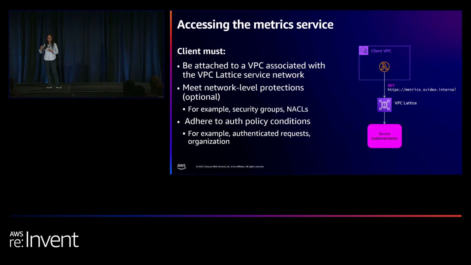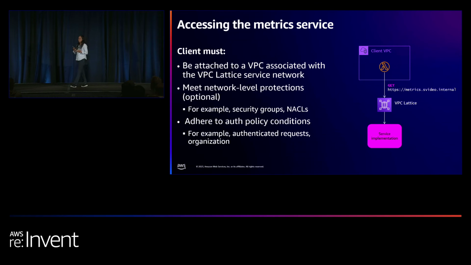This also applies to the Lambda function that's part of the Leaderboard API service that is querying our metrics service to retrieve the leaderboard. Any security group rules and access control lists you have in place in the VPC still apply. For instance, if you explicitly block all traffic to and from the Lattice prefix list, your client cannot reach the services even though the VPC is associated with the service network.